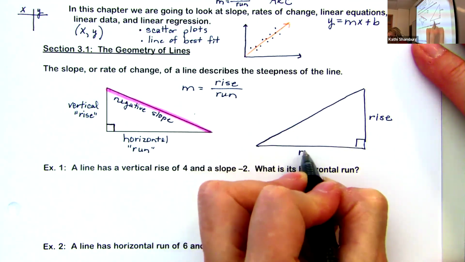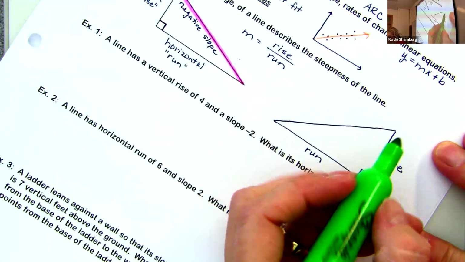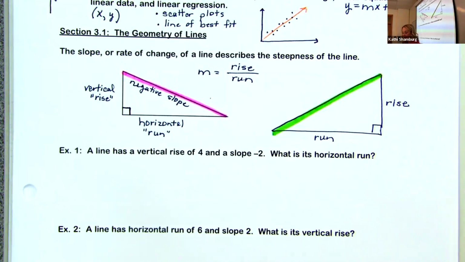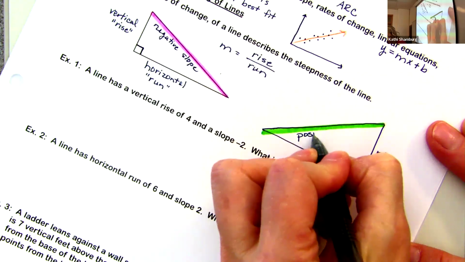Here is your horizontal run. Those two values would allow me to find this slope. Now, even though I don't know that numerical value, I can say that the slope is positive. So we know this is a positive slope.